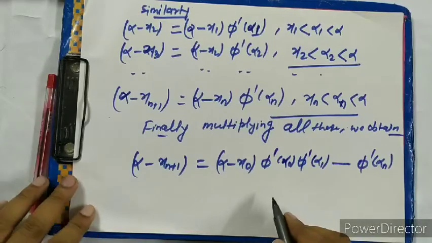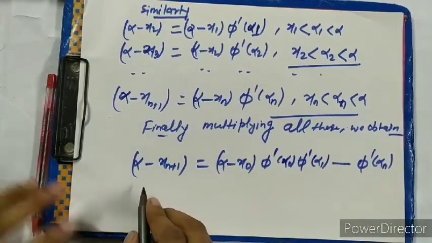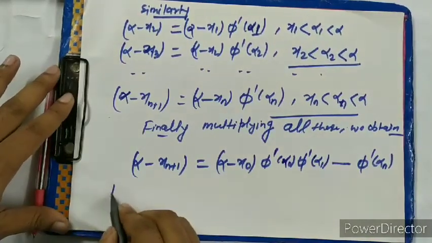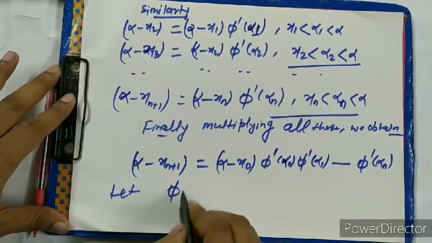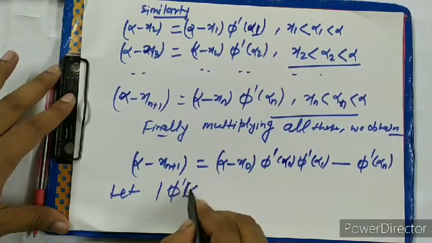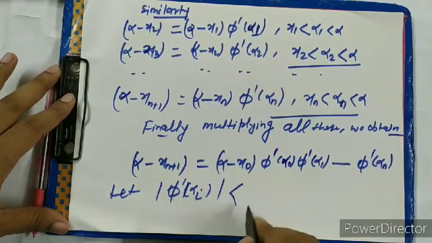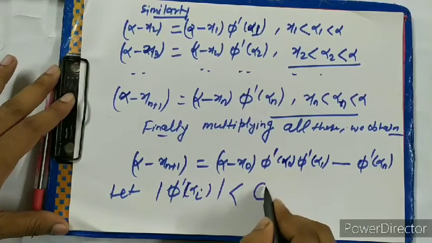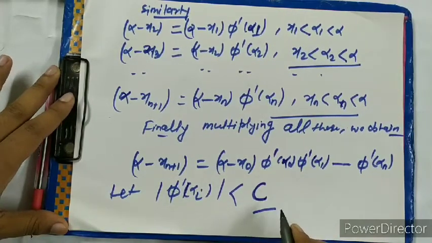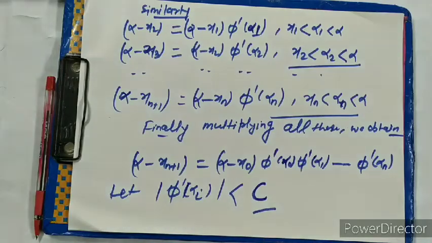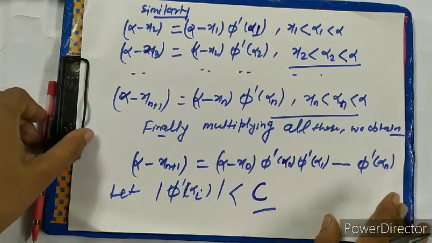Okay, in the next step, we assume let modulus value of phi dash alpha i is less than some quantity c.